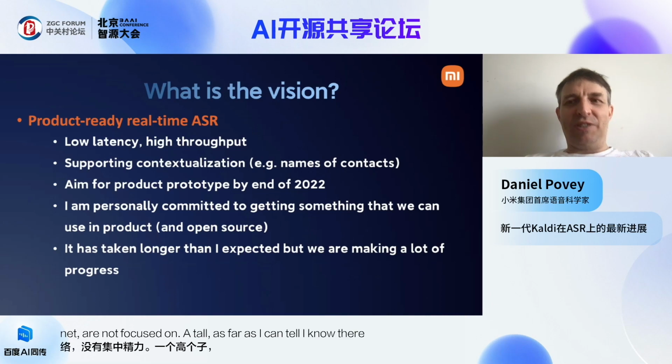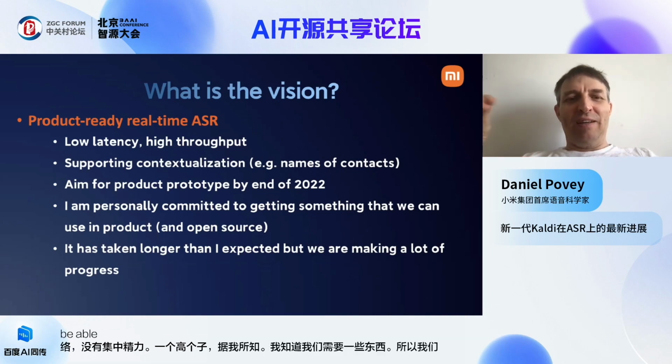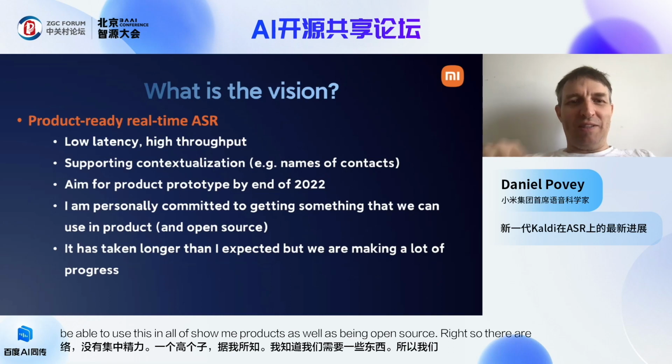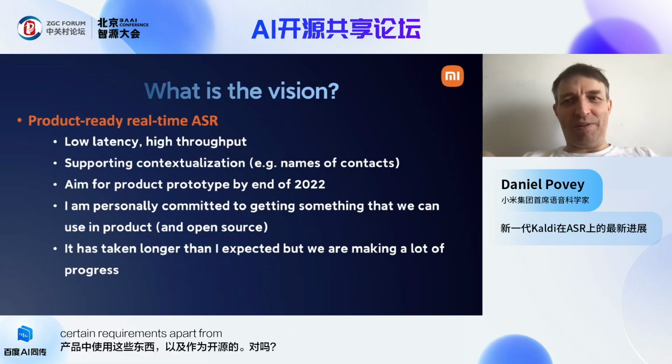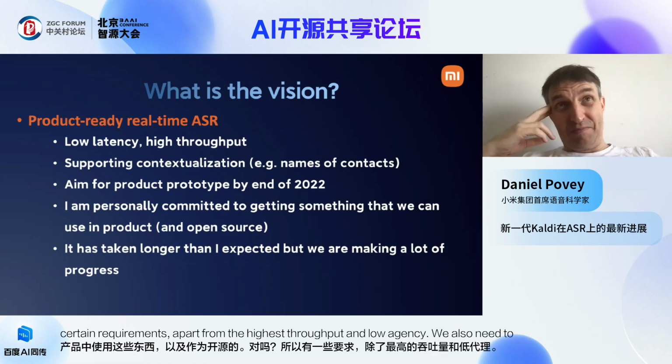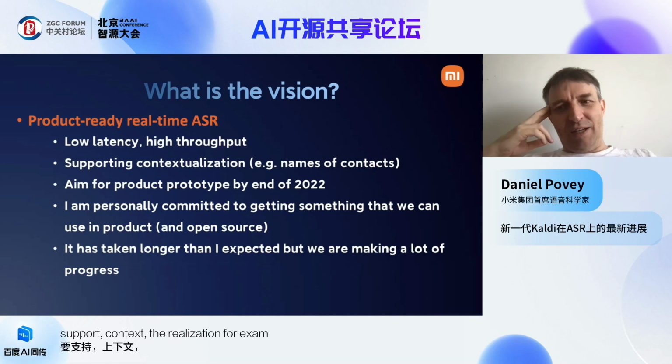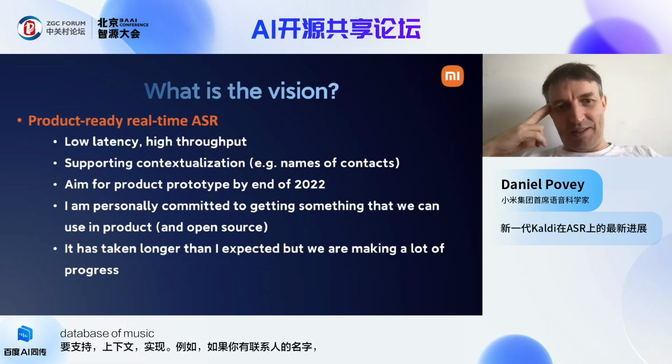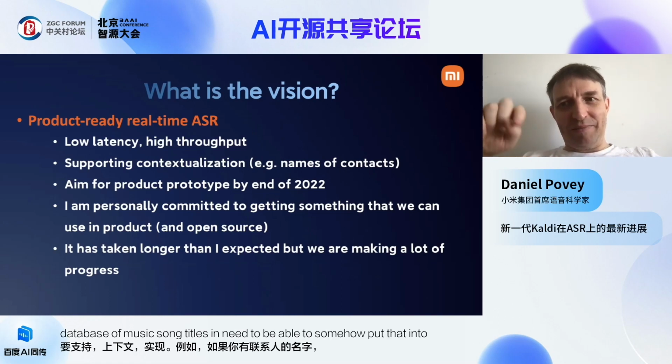We want to be able to use this in all of Xiaomi's products, as well as being open source. So there are certain requirements. Apart from the high throughput and low latency, we also need to support contextualization. For example, if you have names of contacts or a database of music song titles, you need to be able to somehow put that into the system.